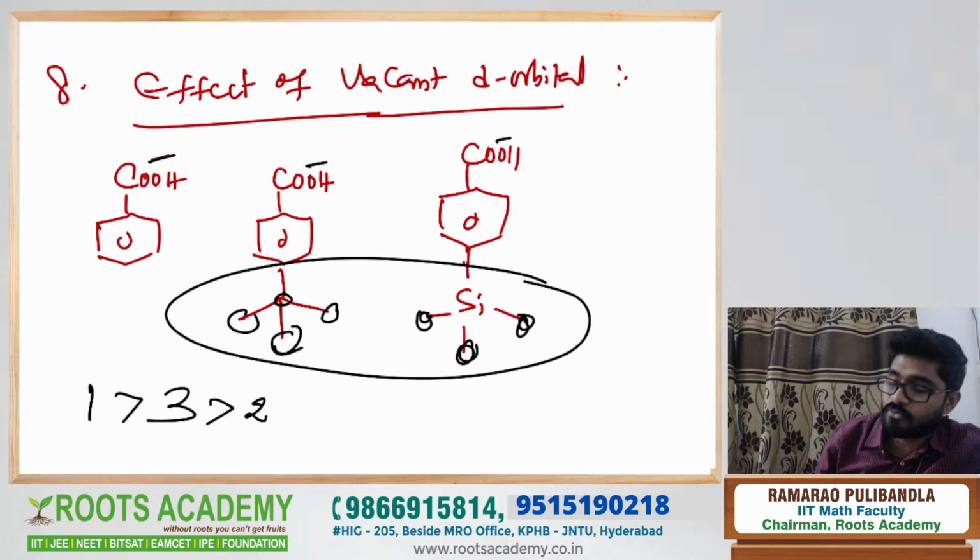That kind of effect won't be there for the carbon. More donation is there. Donation effect is less because of vacant d orbitals. So the second one is having more electron cloud. More electron cloud means more charge, less stable. So that's why less acidic.